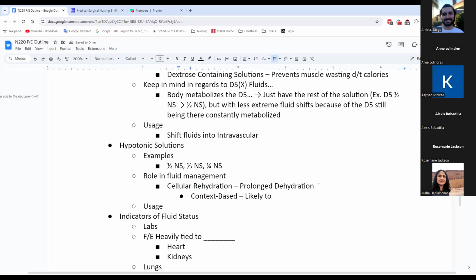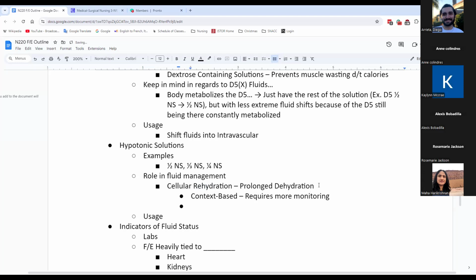So again, context-based. Don't just say, oh, we need to rehydrate their cells, so we just slam it. Just think about how these require more monitoring.